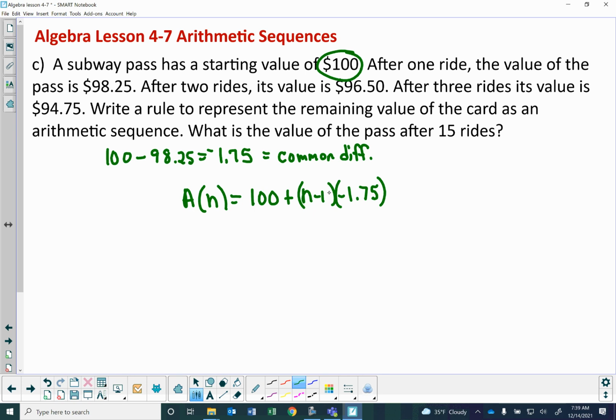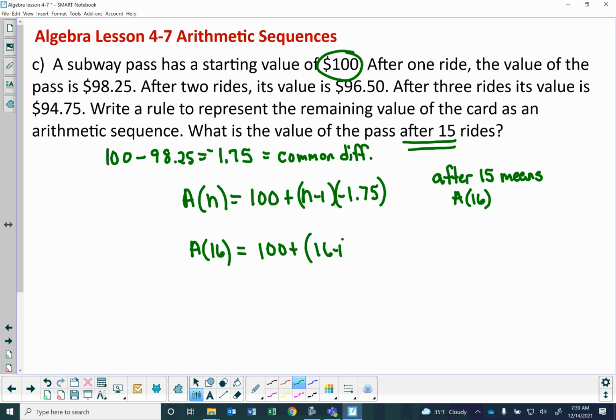So now I have to find the value of the pass after 15 rides. So after 15 means the 16th ride. So we're trying to find a of 16. So a of 16 will equal 100 plus 16 minus 1 times negative 1.75.